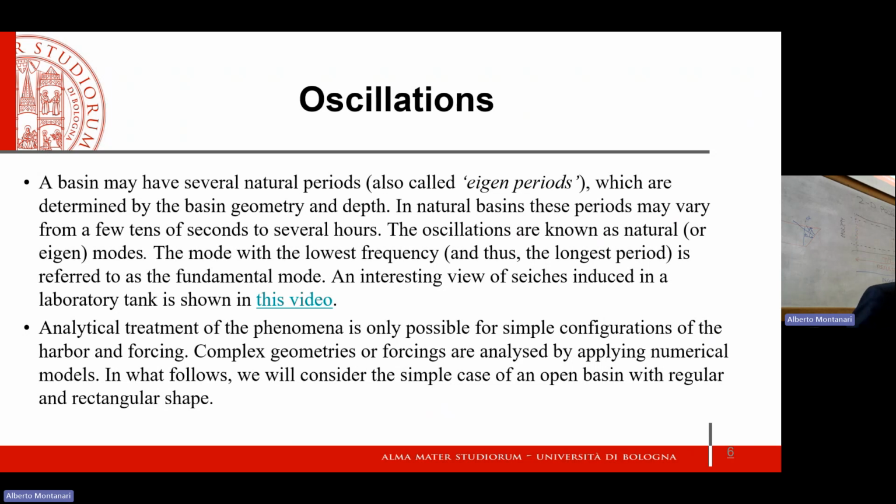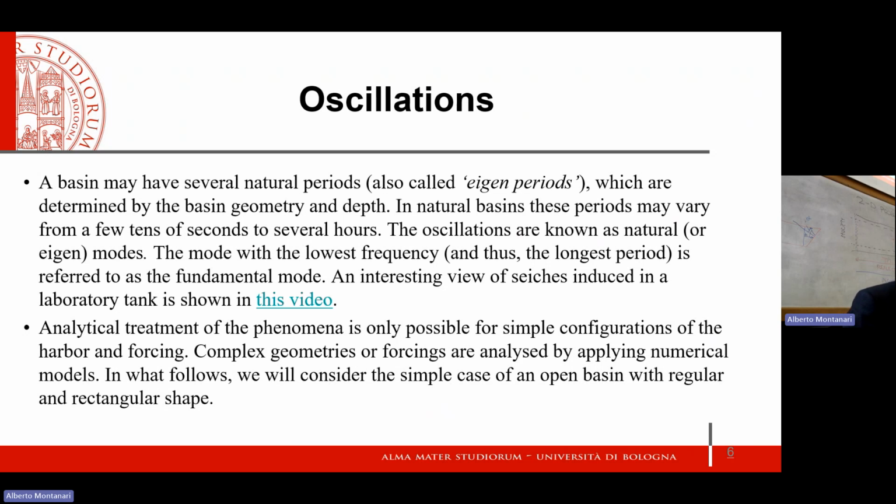But in order to decipher the behavior of a complex geometry, we need a numerical model, not an analytical model. With analytical solution, I mean something that can be written through an explicit analytical relationship. And a numerical model, of course, is a possible solution.